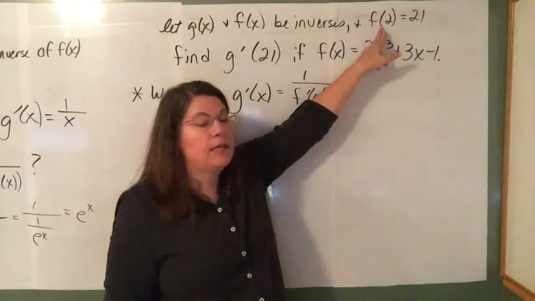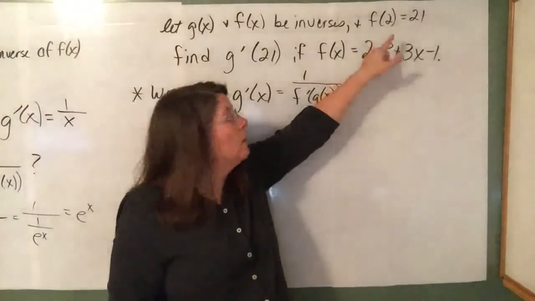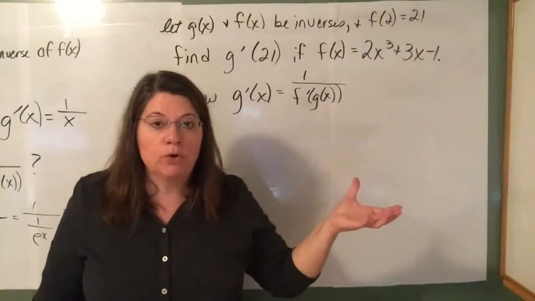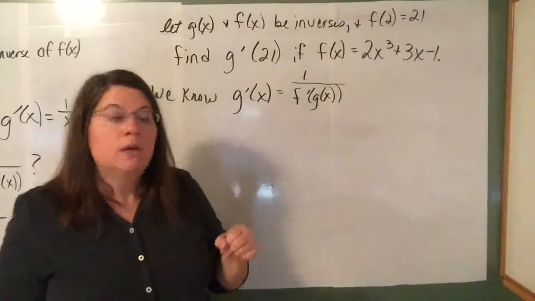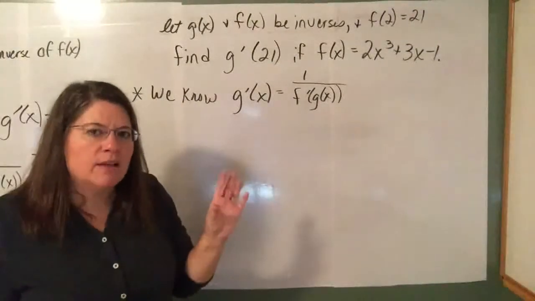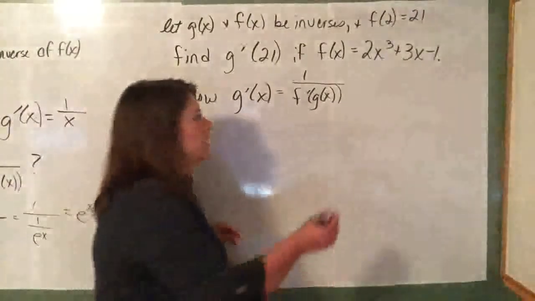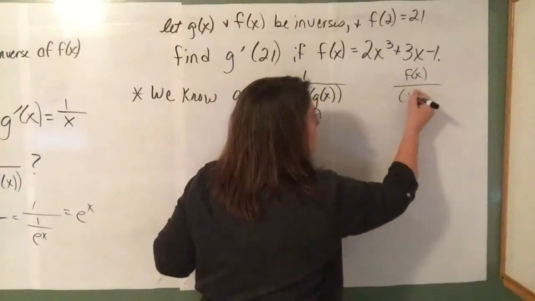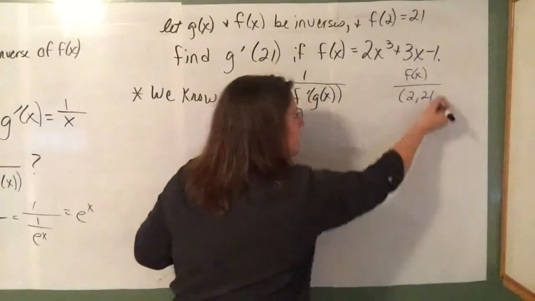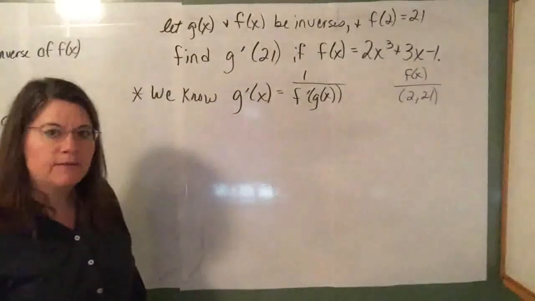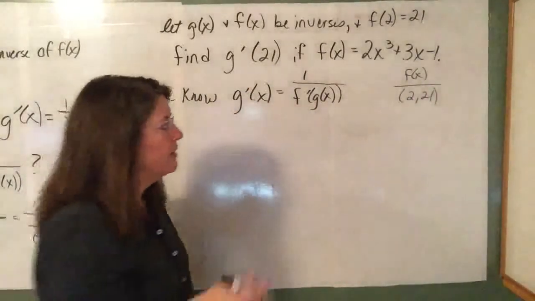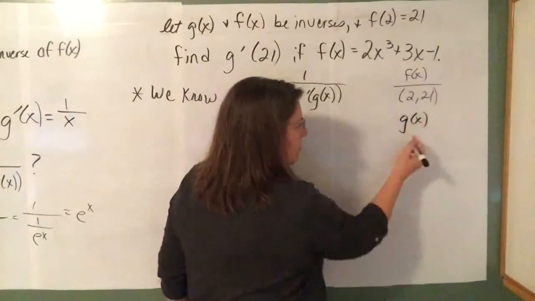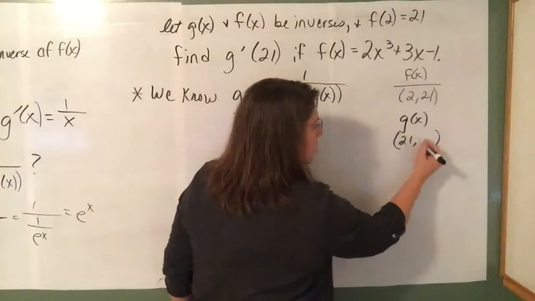F of 2 equals 21. Well, doesn't that mean that in the f function we have the ordered pair 2, 21? Now, just with our knowledge of what inverse functions are, if in f of x we have an ordered pair 2, 21, and we know that g of x is the inverse of f of x, then don't we know that g of x has an inverse point, 21, 2?